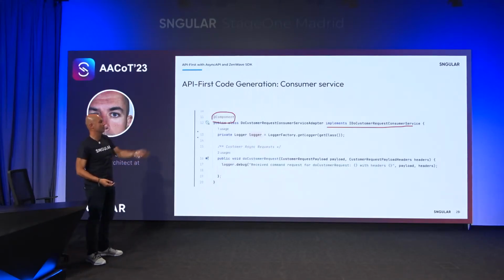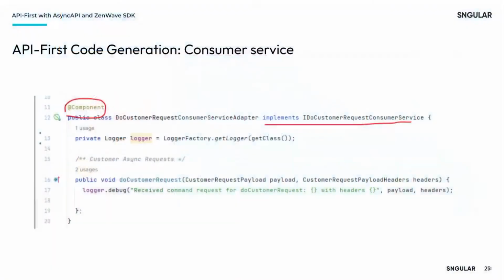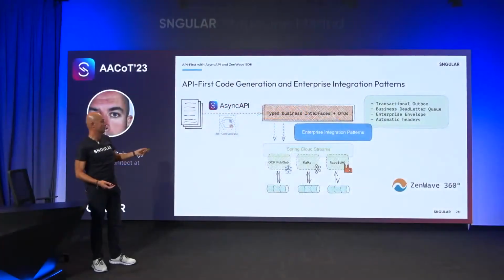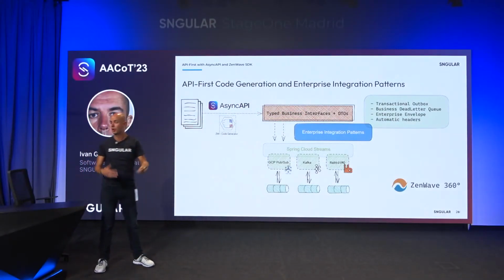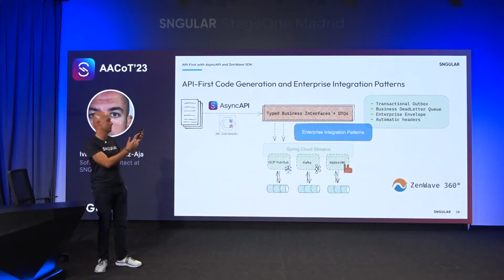And for the consumer, you implement the service, so you will get all the messages in your service. You only need to add the component to the Spring Boot context. And well, this is the schema because we have an interface. The only thing that I showed you here was the interface.